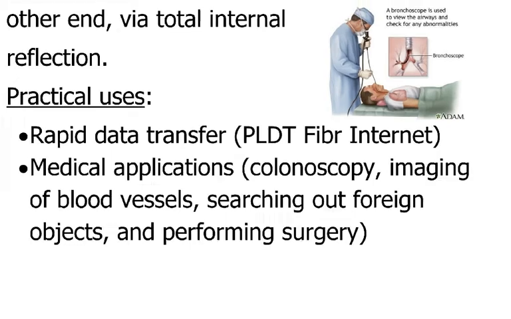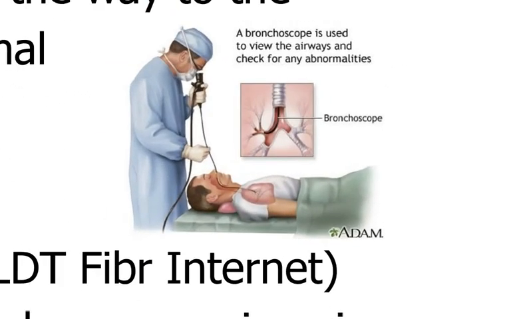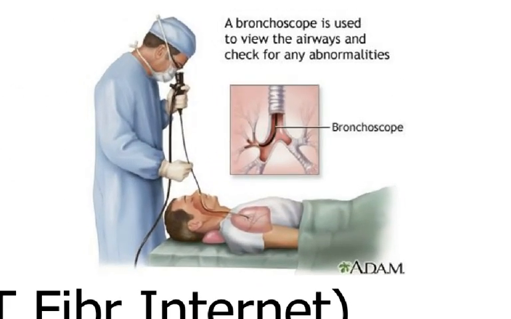This is an example of using a bronchoscope to look at the airways inside the lungs of this guy. So they can stick this thing down in there, and using the fiber optic technology, they're able to shine light in there, and then the light comes back up the tube, and they can see what's going on inside his bronchioles, or whatever those are called.